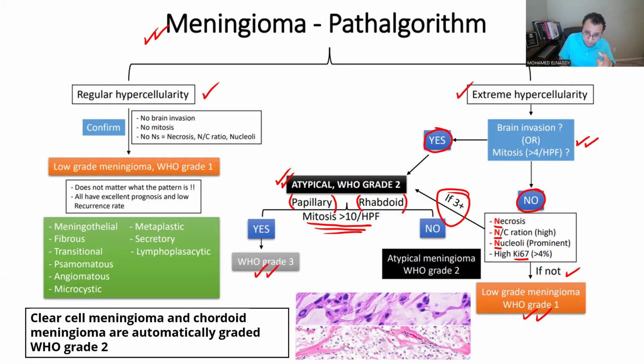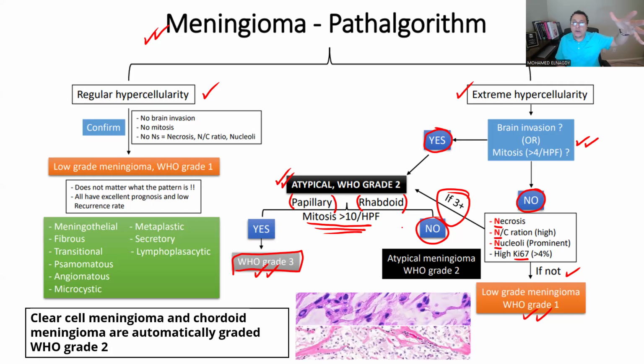I will show you what a rhabdoid or papillary meningioma looks like. It doesn't matter at this time, but if you see papillary or rhabdoid, look carefully at high power and count the mitoses. If there are more than 10 per high power field, you are dealing with a WHO grade 3 meningioma. If there are not enough mitoses, you're still at WHO grade 2, atypical meningioma.